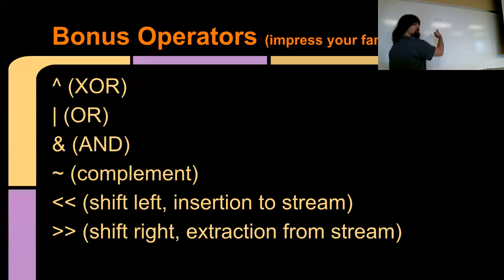What we're going to do is we're going to convert these to binary. So a 2 in binary is 0, 1, 0, and a 3 in binary is 0, 1, 1. And then we're going to line those up. We're going to say 0, 1, 1, and 0, 1, 0. And we're ORing them.